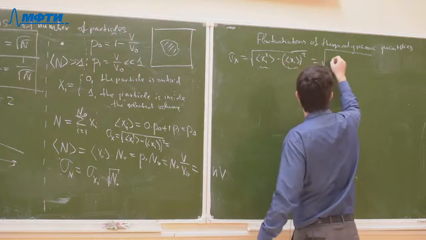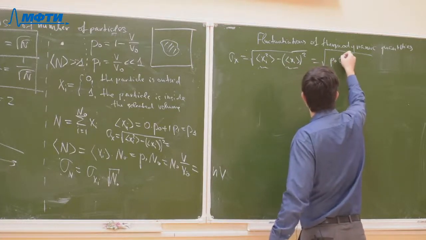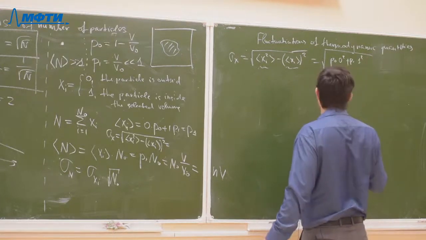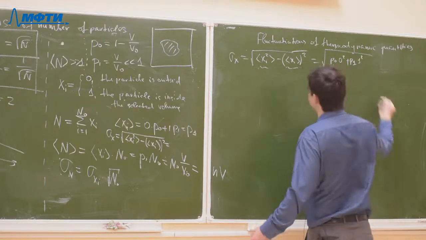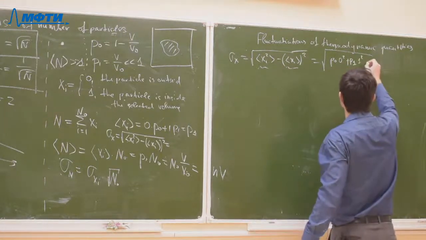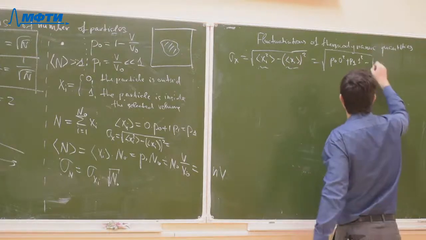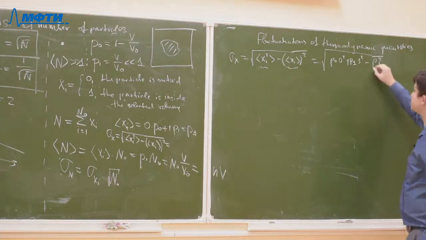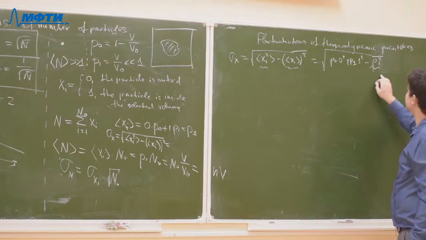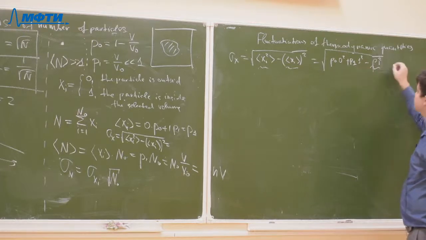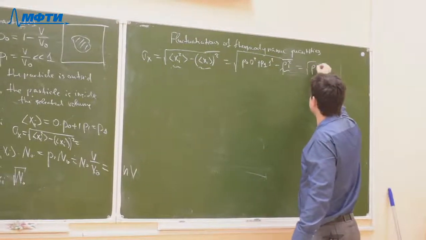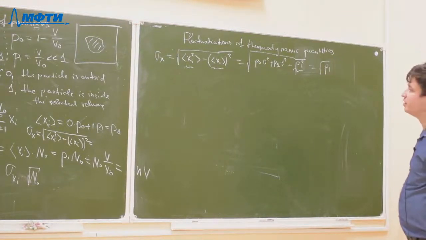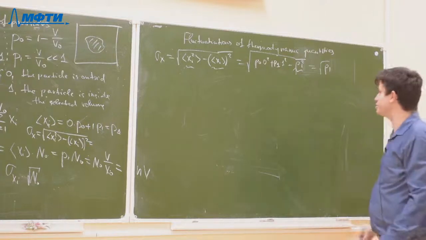This one is P0 times 0 squared plus P1 times 1 squared. Well, actually it's exactly equal to P1 again. But this average is equal to P1, and when squared, it gives us P1 squared. And we can neglect this P1 squared with respect to this P1. So this is actually the square root of P1, because P1 is much lower than 1, and that's why P1 squared can be neglected.